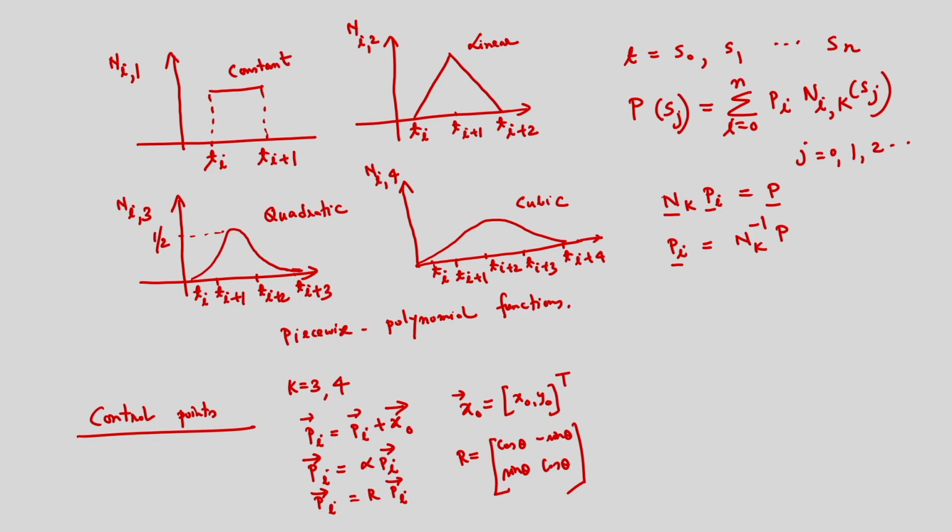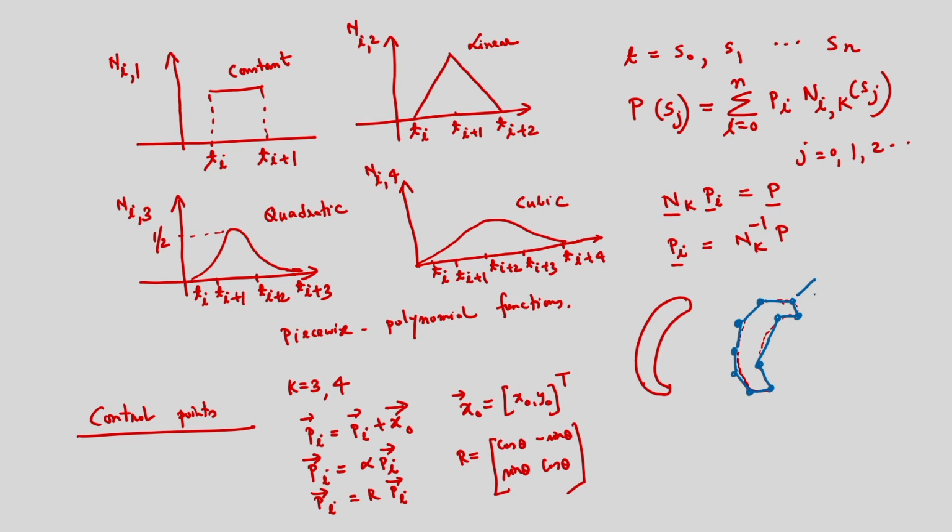Now in this case, how to actually represent the boundary? Suppose I consider one boundary something like this. This boundary is represented by using the control points and by using the B-spline functions. So that means I am approximating the boundaries by considering the control points and the B-spline functions.